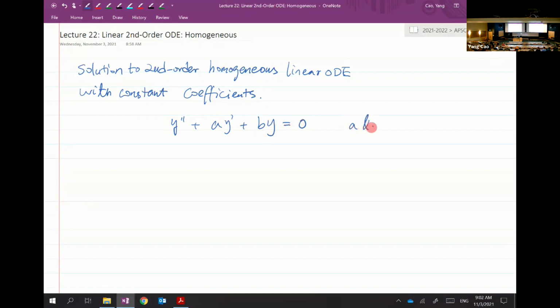So the format of this type of ordinary differential equation is like this: y double prime plus ay prime plus by equal to 0.